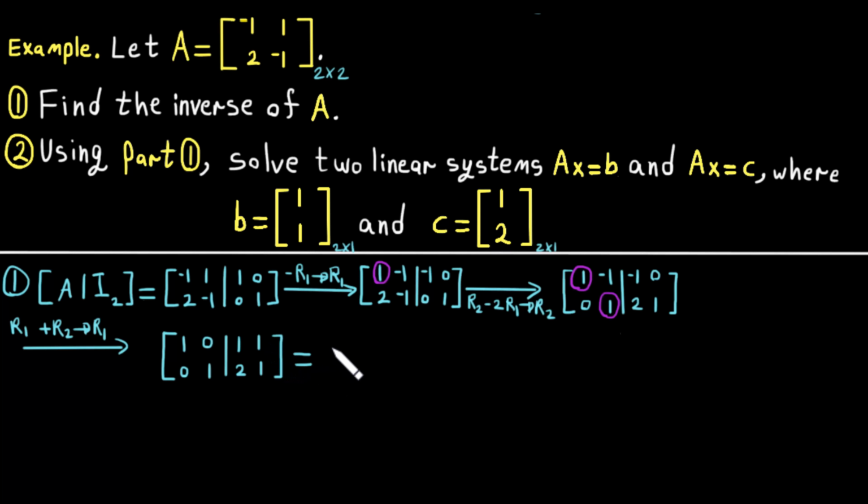and this one equal to here identity with size 2 because 2 by 2, and here we get A inverse. I'll change the color again.